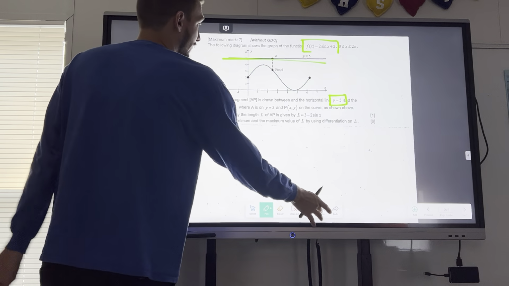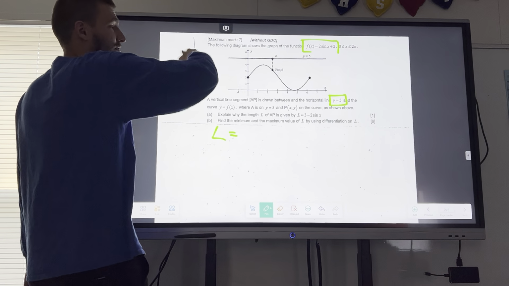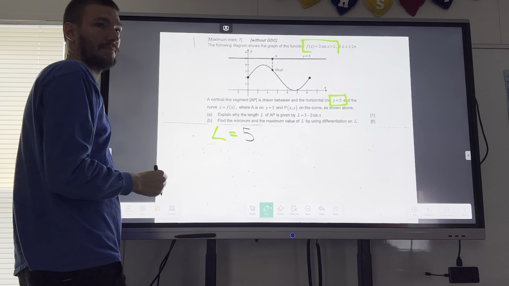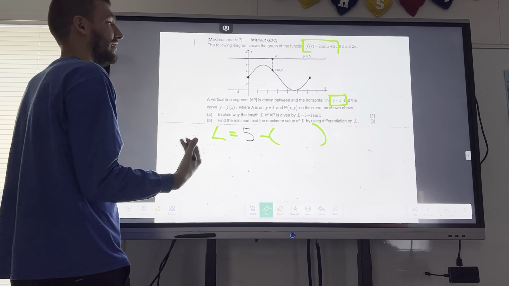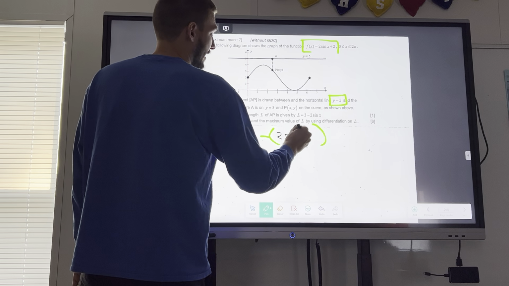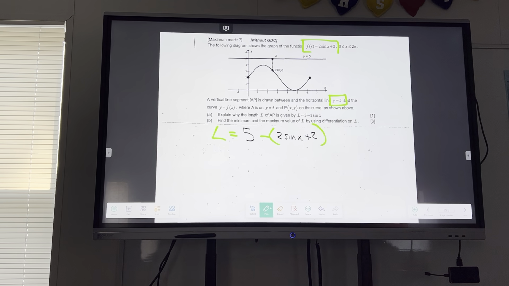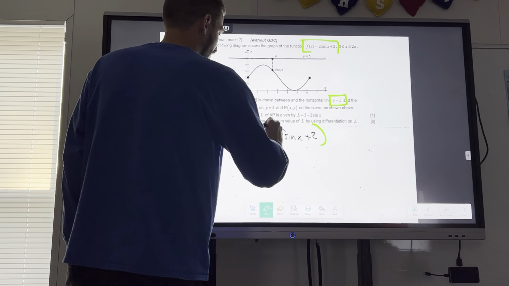And so if we set that up, L is equal to A, which is the top formula, which is super easy, 5, and then we just subtract the bottom formula, which is 2 sine x plus 2. And of course, we have to subtract, and we want to make sure that we distribute it.